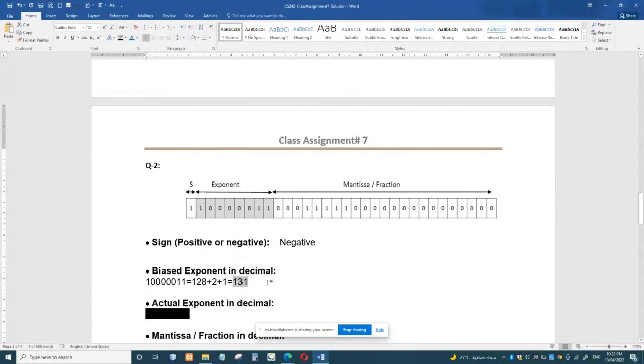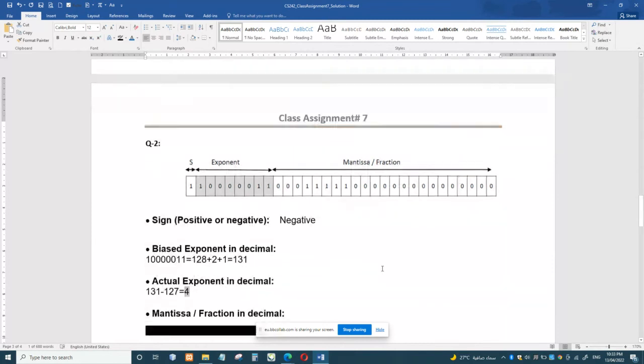In order to get back your actual exponent, what do you need to do? From the biased exponent, you subtract 127, yes, that is exactly what you have to do. So from 131 you subtract 127, and your original exponent is 4.